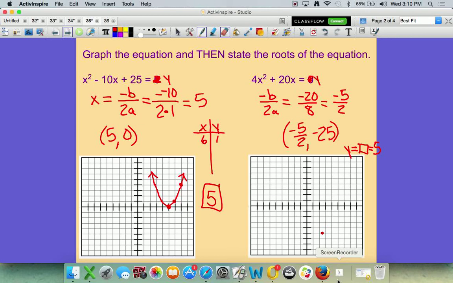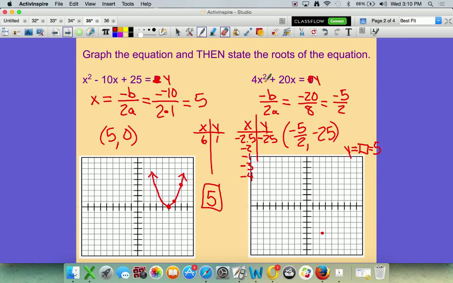Alright, then from there, we've got to have some other points. And this is where we are going to have to use the XY chart. Remember, negative 5 halves is the same as negative 2.5. So I'm going to go negative 2, negative 1, negative 3, and negative 4.